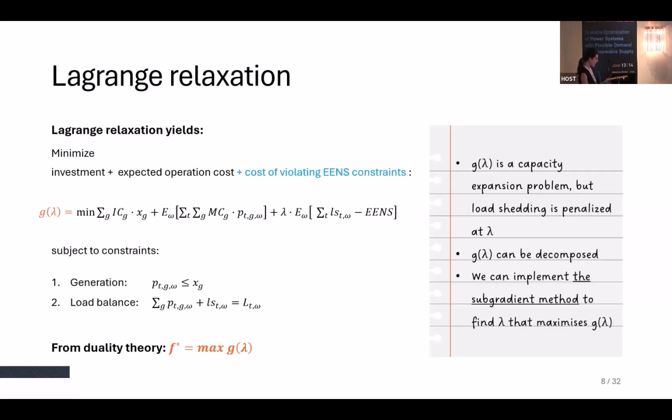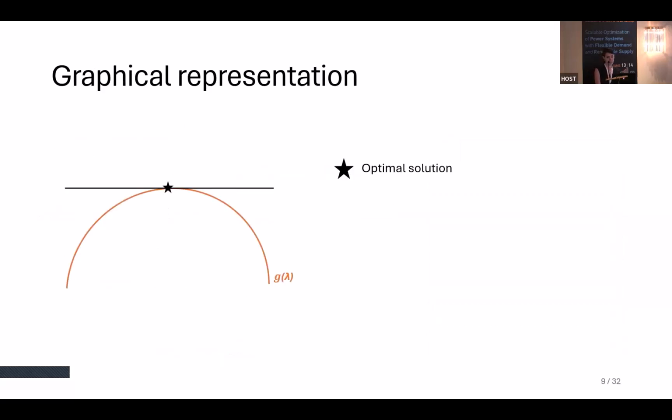So what we recommend, and what we will be implementing, is to use the subgradient method in order to find the lambda that maximizes g of lambda. Let's see how this looks. Assume that this is your g of lambda, and star is your optimal solution. The black line is my ultimate upper bound to this problem. The purple dot is a solution to g of lambda for a given lambda.